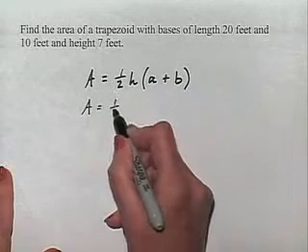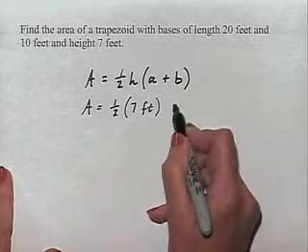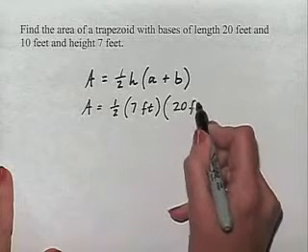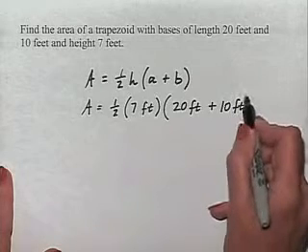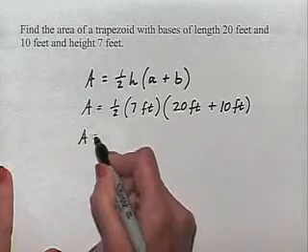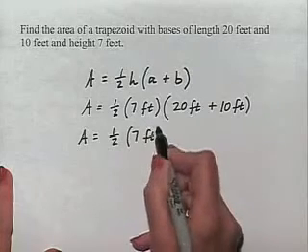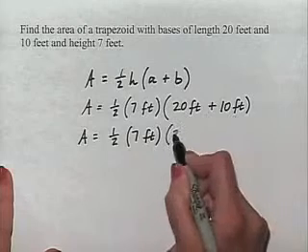Area equals 1/2 the height, which is 7 feet, times a base of 20 feet, plus another base of 10 feet. Now let's simplify. I'm going to leave this as 1/2 times 7 feet. Let's add within the parentheses. We have 20 feet plus 10 feet, which is going to be 30 feet.